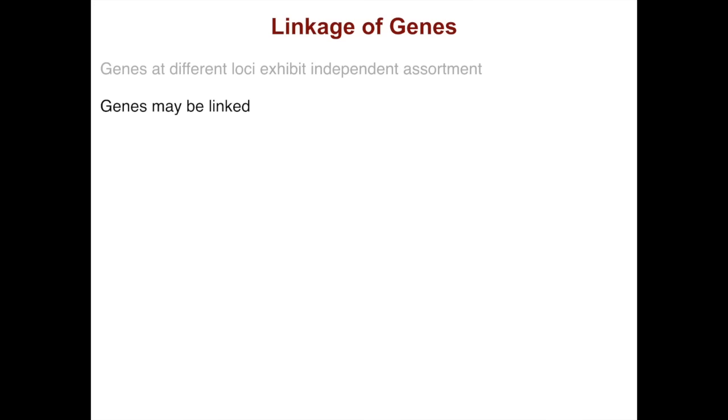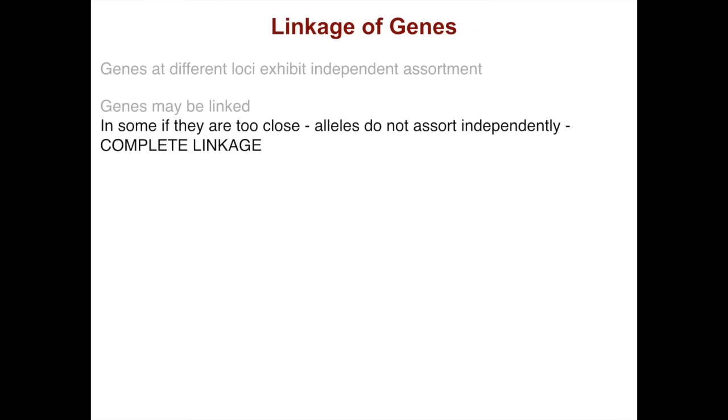To summarize the linkage of genes, we knew that genes at different loci exhibit independent assortment, but genes may be linked, especially when they are close together. In some cases, they are too close and they don't independently assort at all, so this is complete linkage.